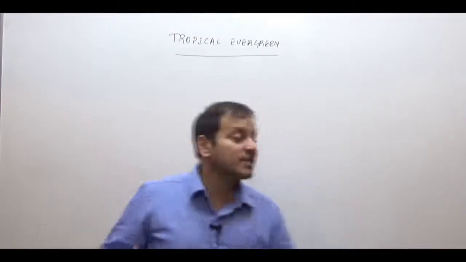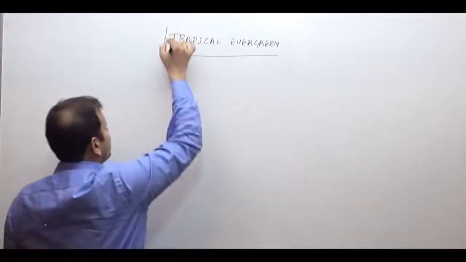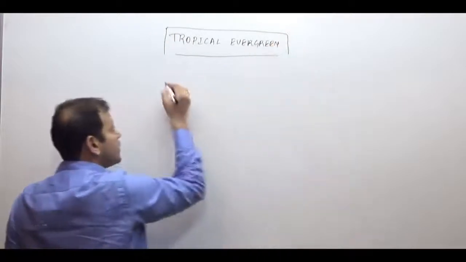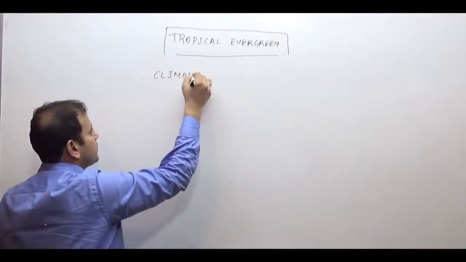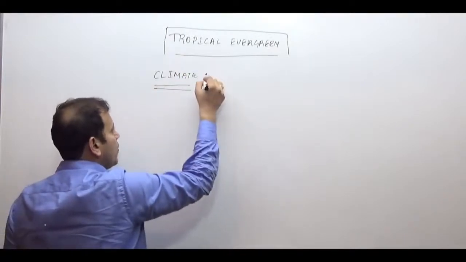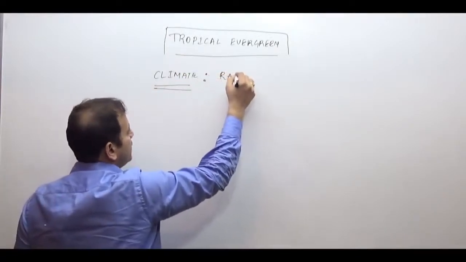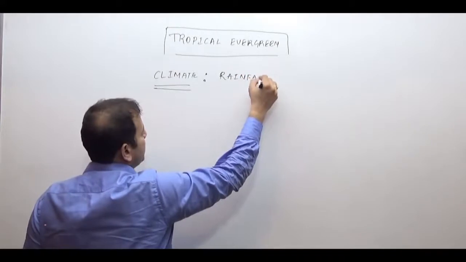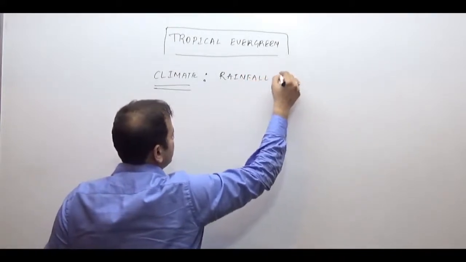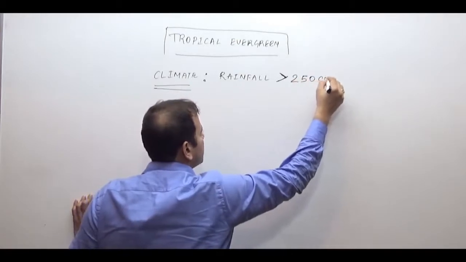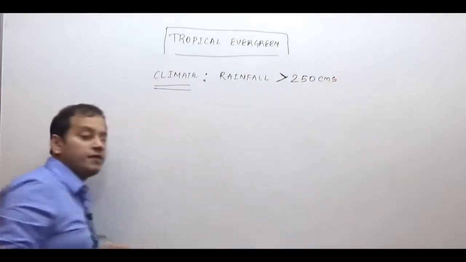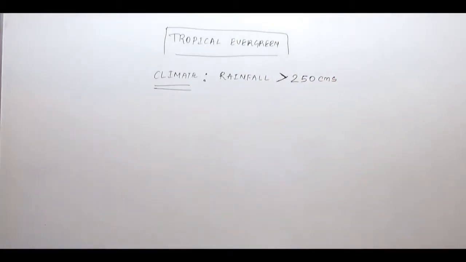But for the tropical evergreen forest, the climate required is rainfall greater than 250 centimeters, that is, the rainfall exceeds 250 centimeters.